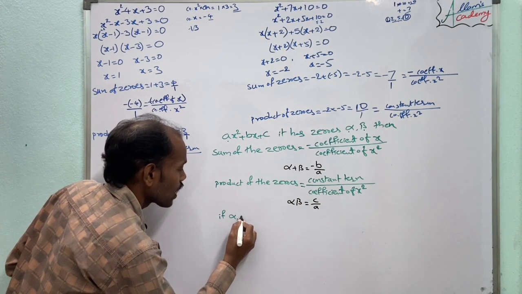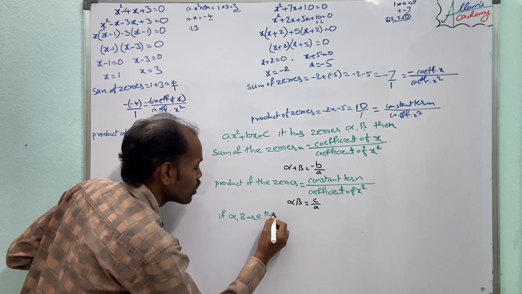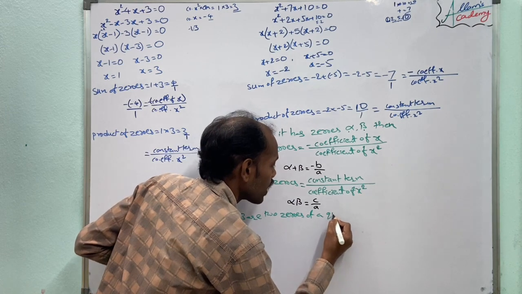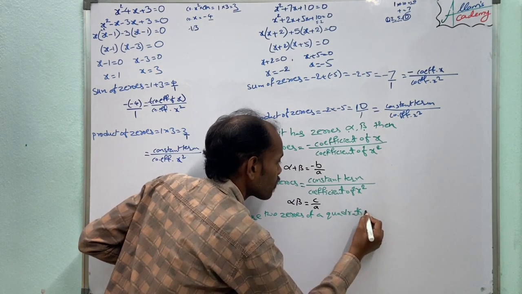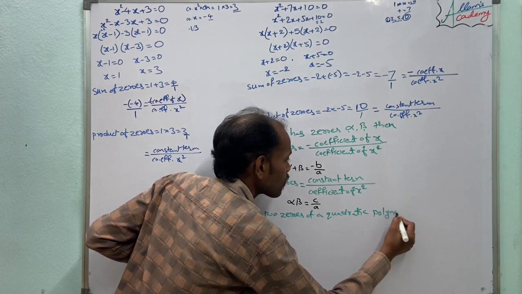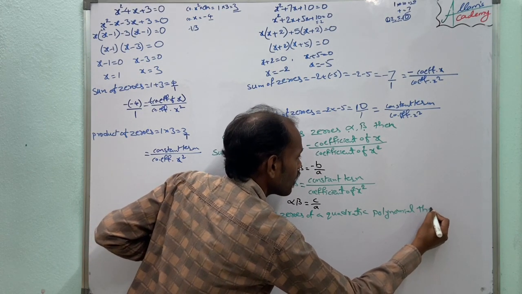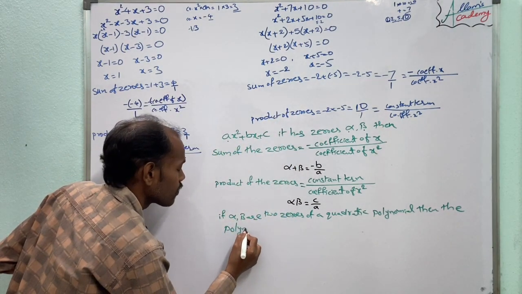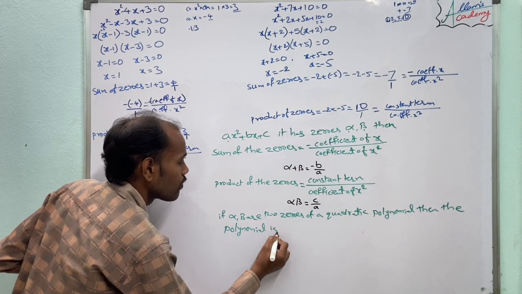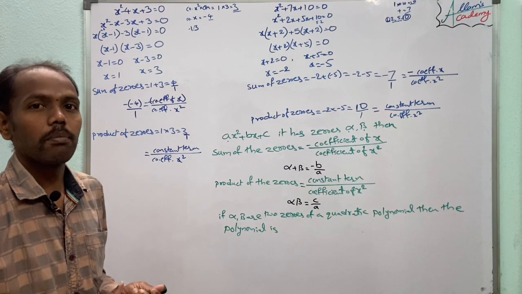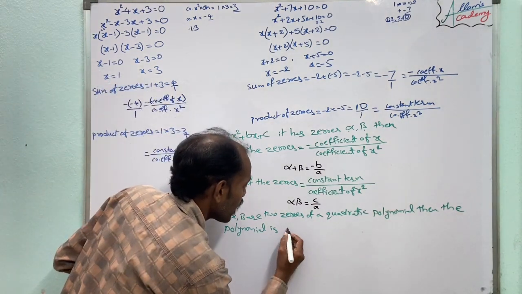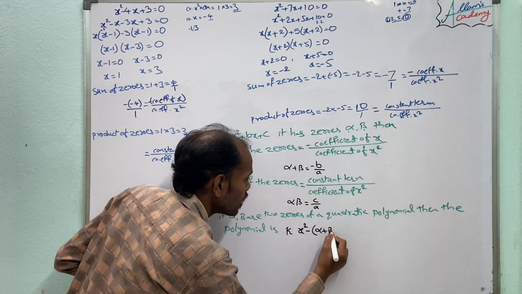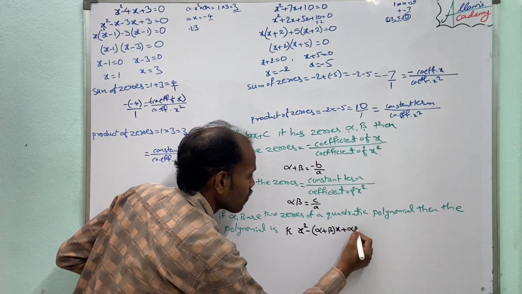If alpha comma beta are two zeros of a quadratic polynomial, then the polynomial is k into x square minus of alpha plus beta into x plus alpha beta.